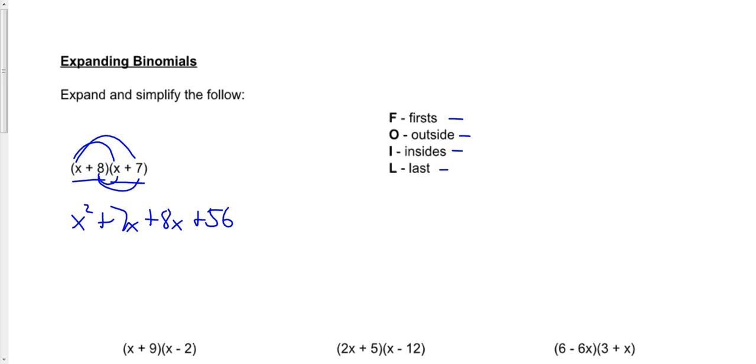Now that I've multiplied it through and used my distributive properties, I actually have to collect my like terms. The only terms that are like in this case are positive 7x and positive 8x. So my final answer is going to be x squared plus 15x, sorry, not 17x.